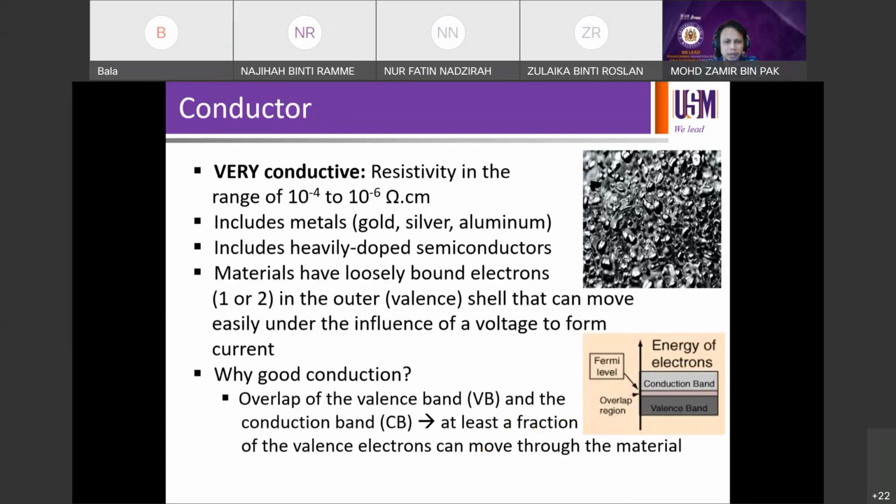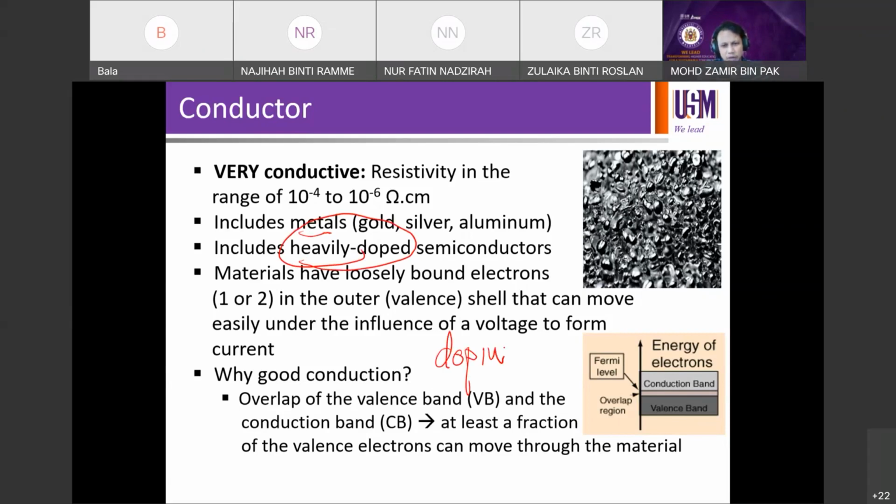Typically, they are inclusive of heavily doped semiconductors as well. So, yang paling straightforward ialah when you use metals, they are conductors. But if you use semiconductors, they can also behave like conductors if they are heavily doped, right? So to relate to doping yesterday, we're gonna cover this one in detail later on anyway.